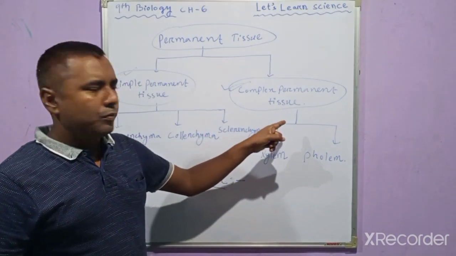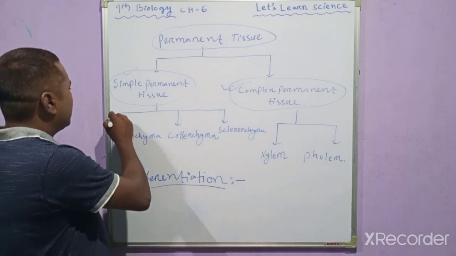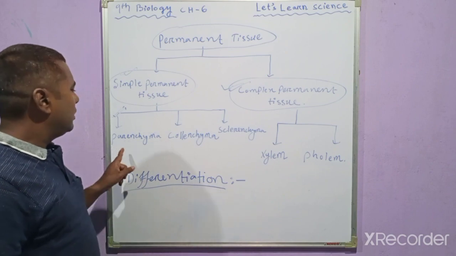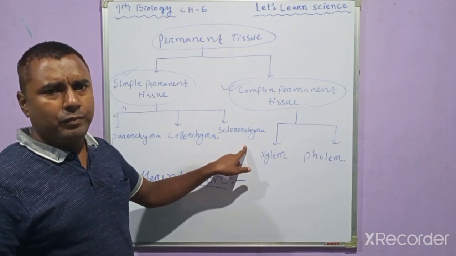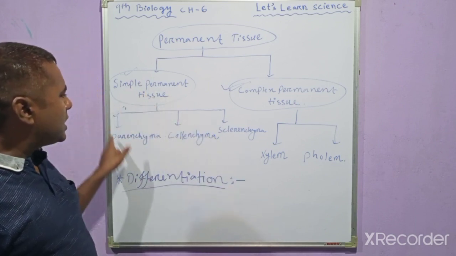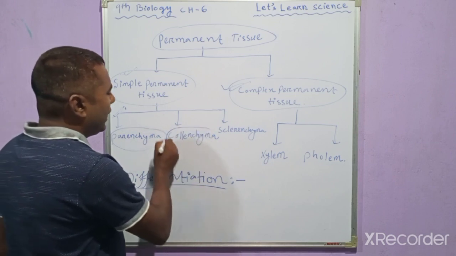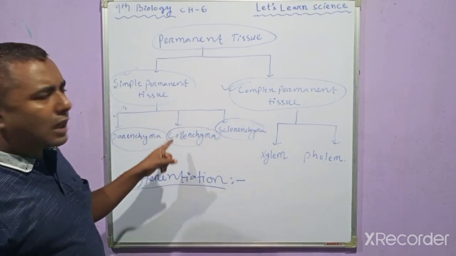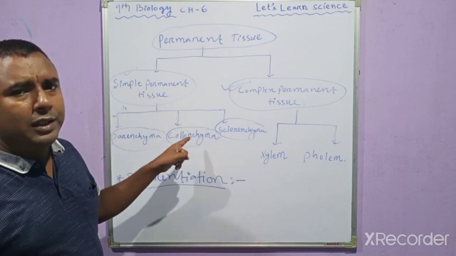Simple permanent tissue is divided into three types: parenchyma, collenchyma and sclerenchyma. These three are the types of simple permanent tissue.